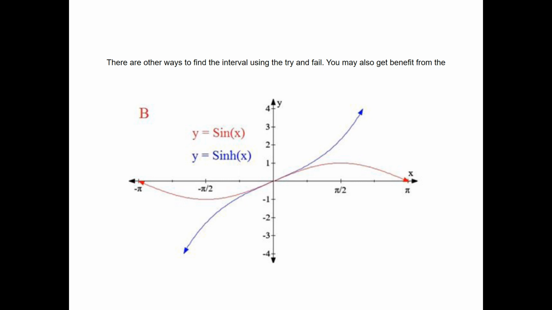In this slide I also give another way of guessing the bisection interval using the try and fail method. We can use the help of this graph, the graph of sine x and sine x. In the negative part, we observe that the red graph of sine x is always above the blue graph of sine x.